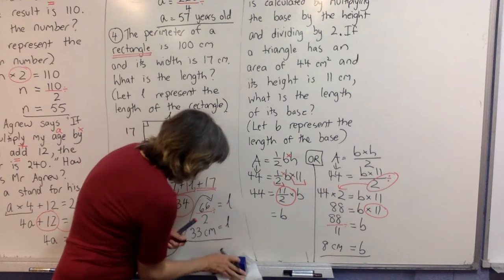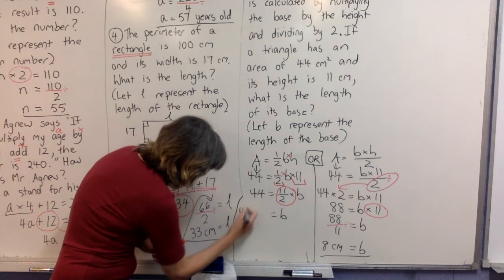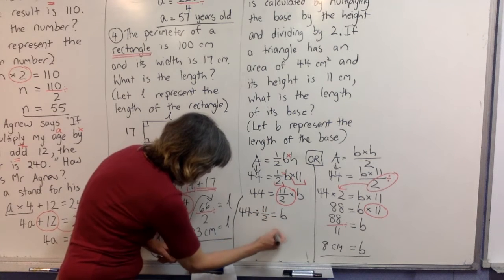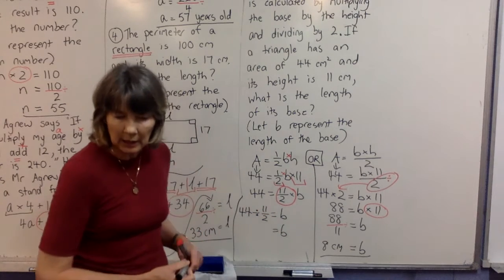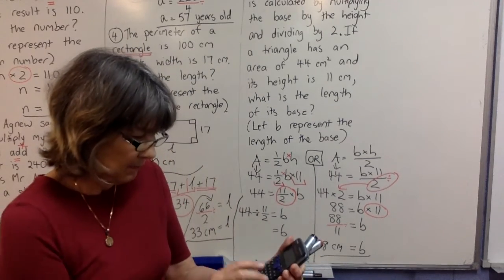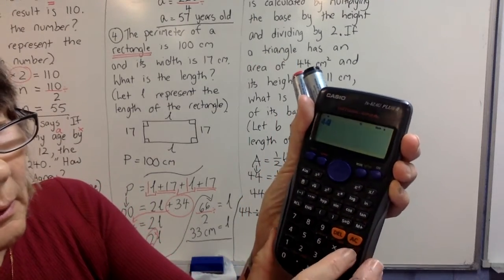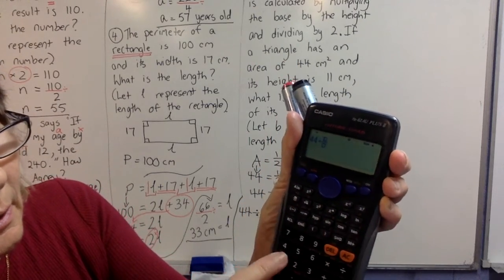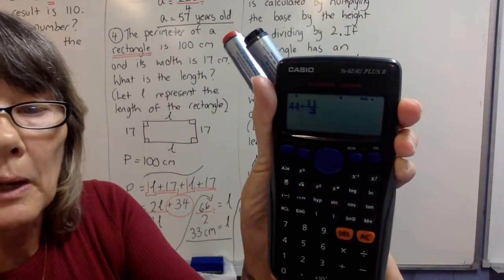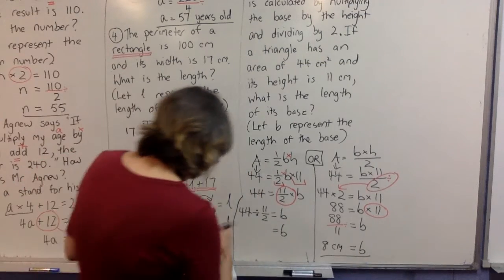So it's actually better when we're doing this so that we don't have fraction bars all over the place if we write 44 divided by 11 over 2. So let's go to the calculator and we're just going to type in 44 divided by fraction key 11 down arrow 2. 44 divided by 11 over 2 equals 8. So you get the same answer.